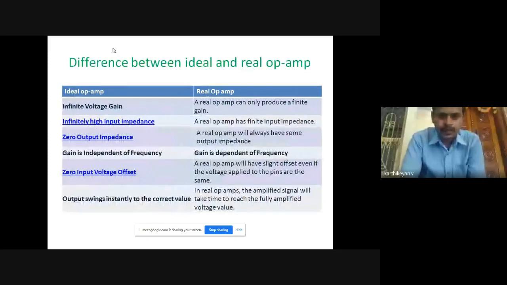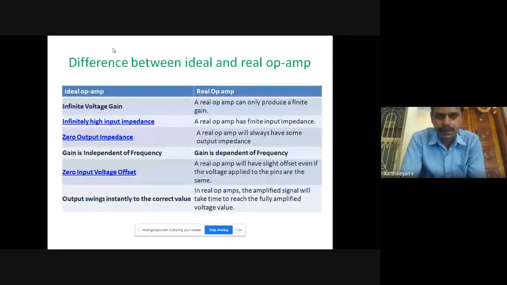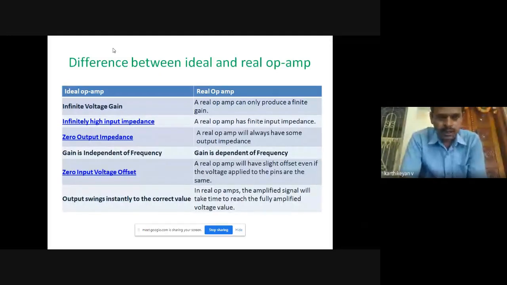Next one, the characteristics of op-amp. There is an ideal op-amp that has some characteristics which differ from the real op-amp. An ideal op-amp has infinite voltage gain. A real op-amp can only produce a finite gain.